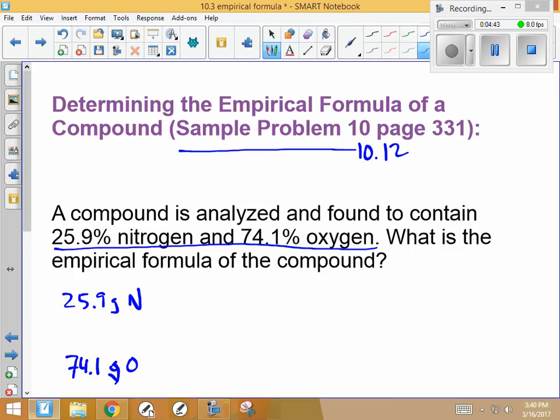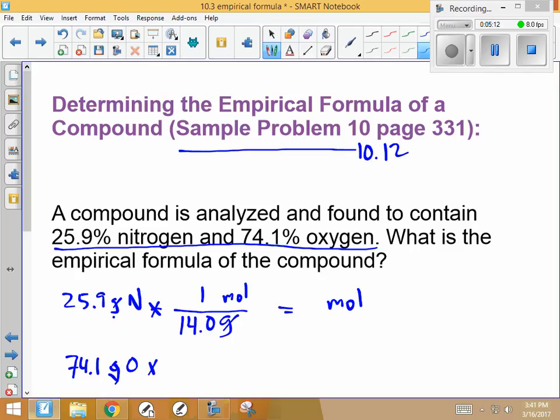How do we do that? Well, we're going to multiply by a conversion factor that will give us moles. So it must have moles on top, and we need to get this gram right here to cancel, so we don't have grams on bottom. This is starting to look like a molar mass. The molar mass of nitrogen is 14.0 grams per mole. Grams will cancel, and we'll get the number of moles.